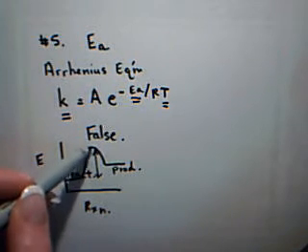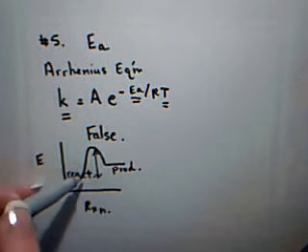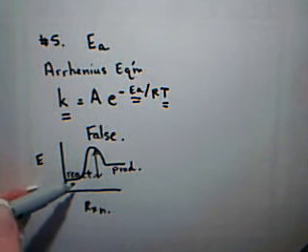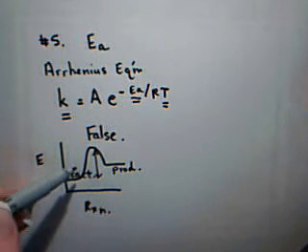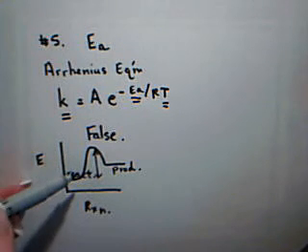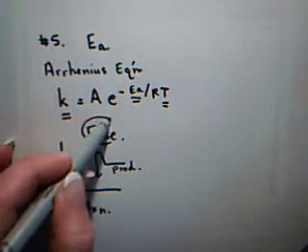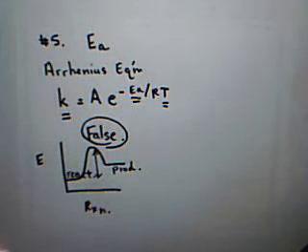So the bigger the activation energy barrier, the slower your reaction rate because they're just not making it over the bump. And this is where we bring in a catalyst, because a catalyst will lower the activation energy barrier and therefore increase the rate. So number 5 is false, because in fact, the energy of activation does have a big effect on reaction rate.